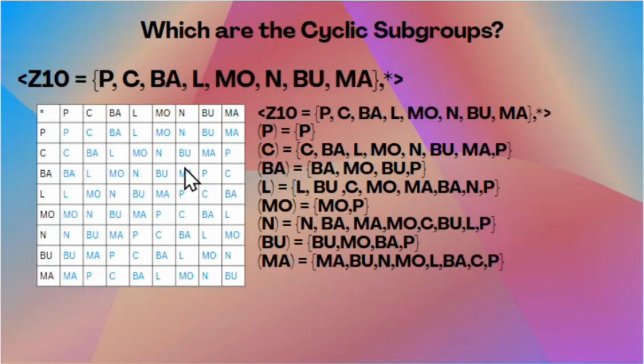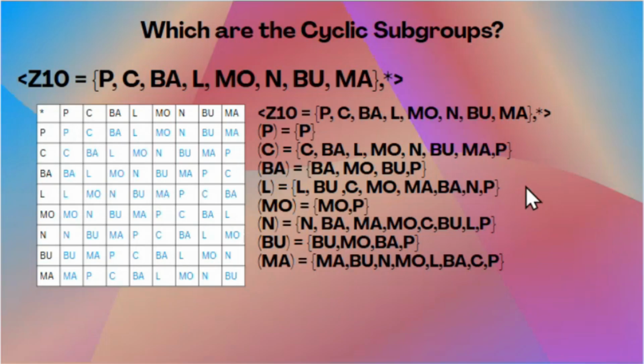So P star P is P, C star C is BA, BA star C is L, L star C is MO, MO star C is N, N star C is BU, BU star C is MA, and MA star C is equal to P. Then BA star BA, MO, MO star BA, BU, and BU star BA is equal to P. Next, L. So L star L, BU, BU star L is equal to C. Then C star L, MO, MO star L, MA, MA star L, BA, and BA star L is N, and N star L is P.